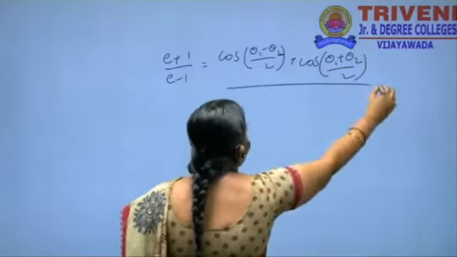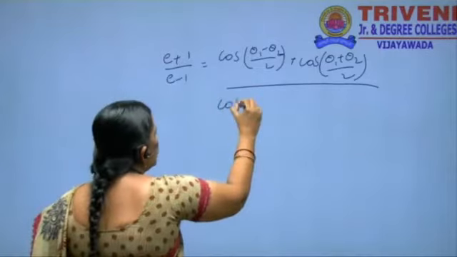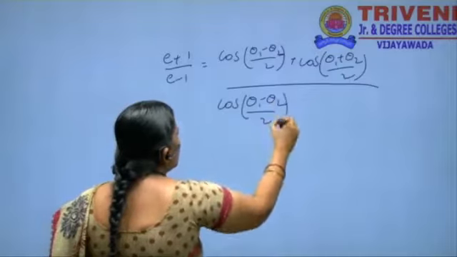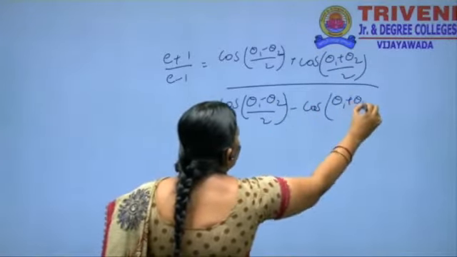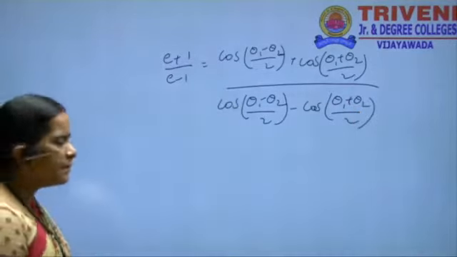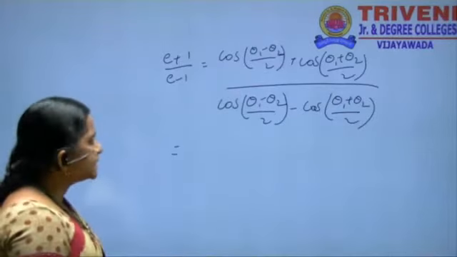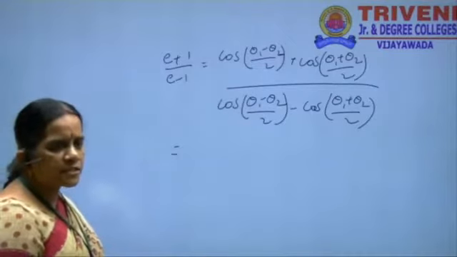Here also the denominator becomes cos of theta 1 minus theta 2 by 2 minus cos of theta 1 plus theta 2 by 2. The LHS part remains the same. Then we can get here in the RHS part, the numerator is cos C plus cos D.